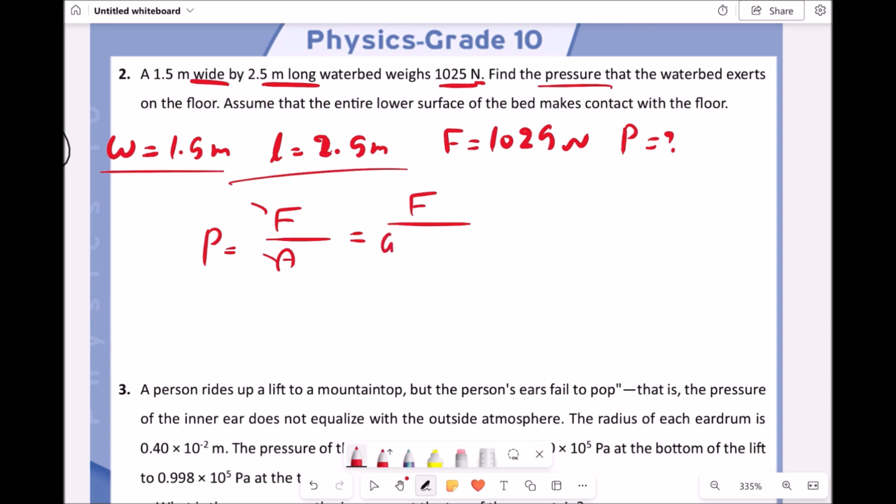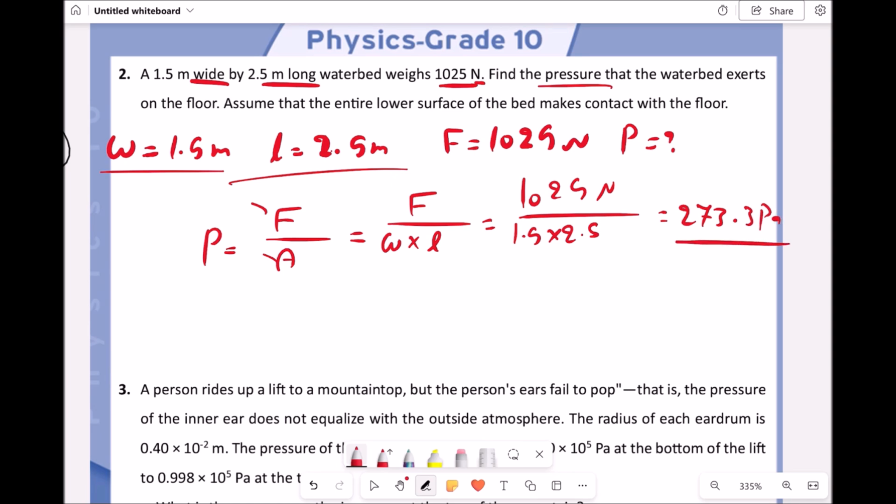Then this is F divided by 1025 Newton divided by 1.5 times 2.5, and you will get 273.3 Pascal. This is the pressure.